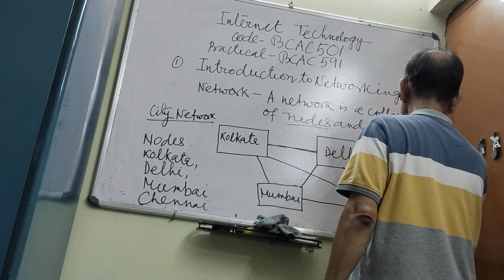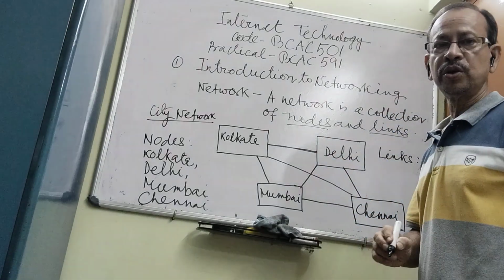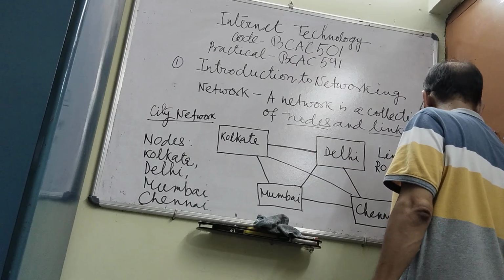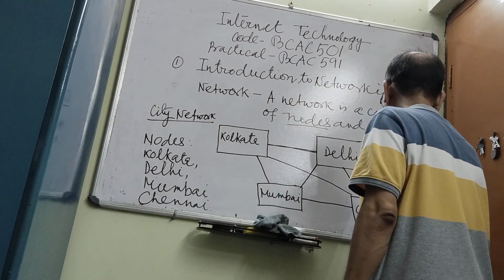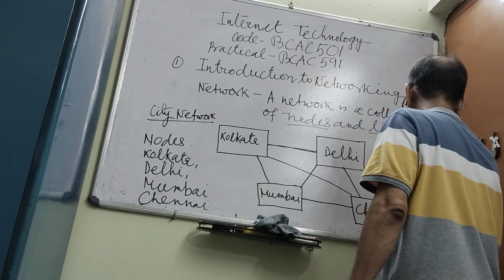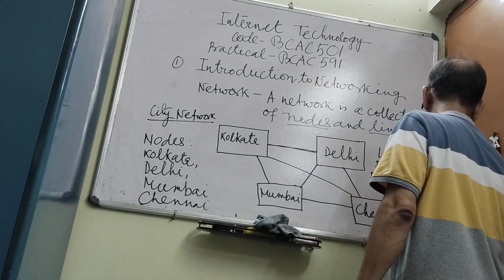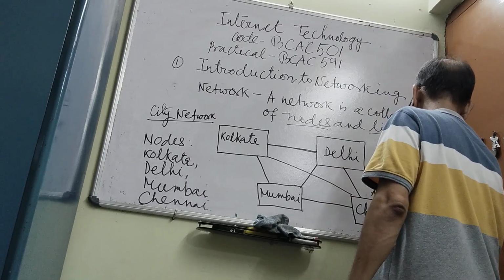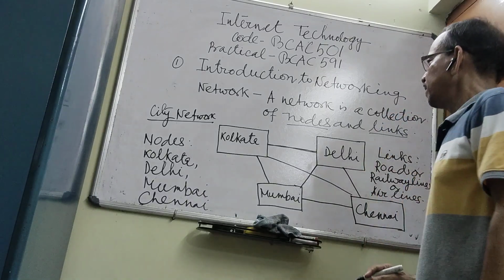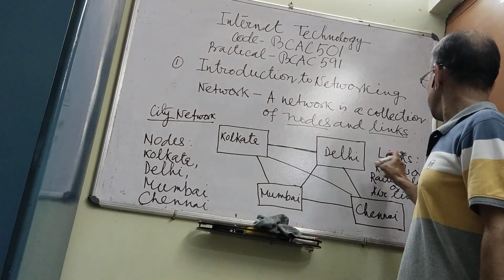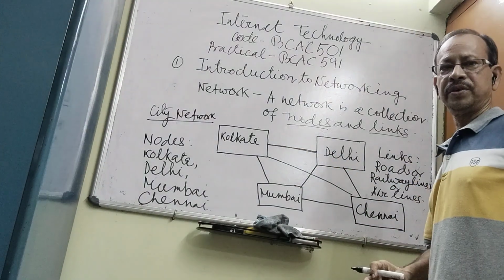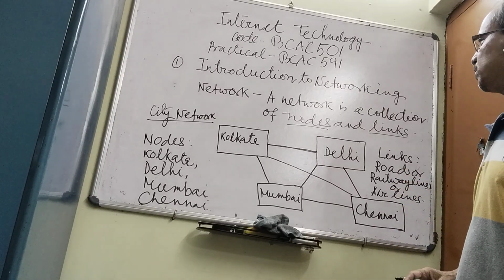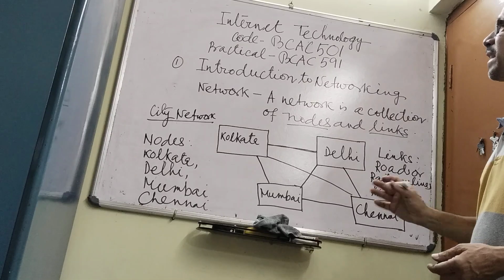Links may be the road, or the railway lines, or airlines. With the help of these links, we can connect either by road or by railway or by airlines. Now the question is, what are the needs of networks?